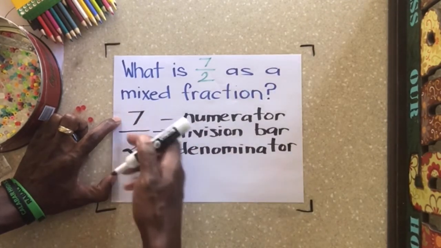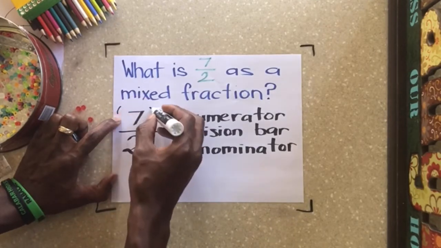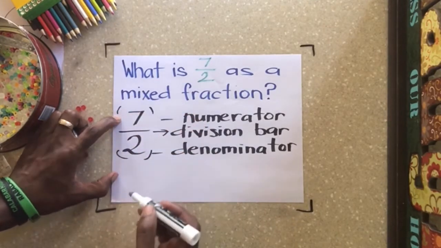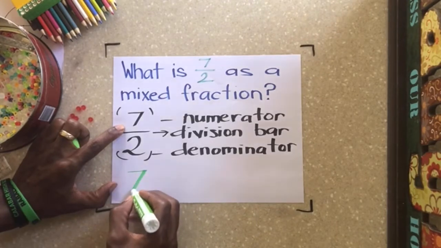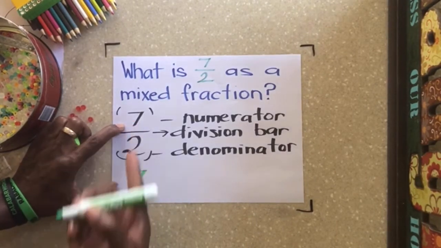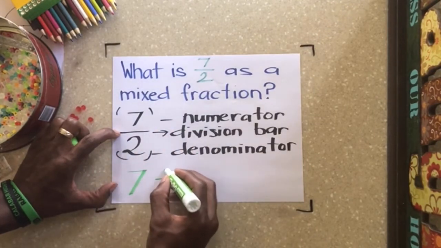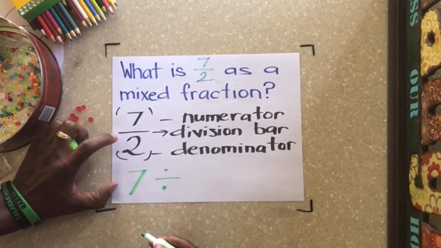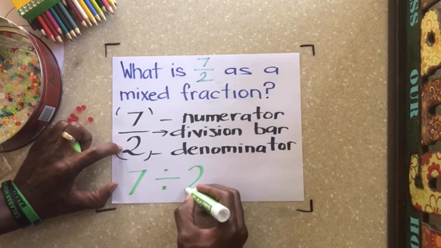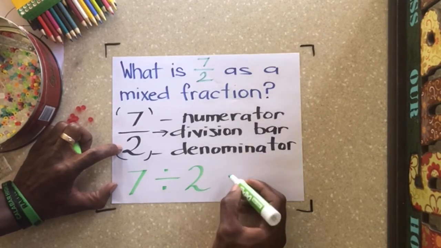So we can say that this fraction 7 over 2 also means 7, and based on the division bar, 7 divided by 2, which is the denominator.